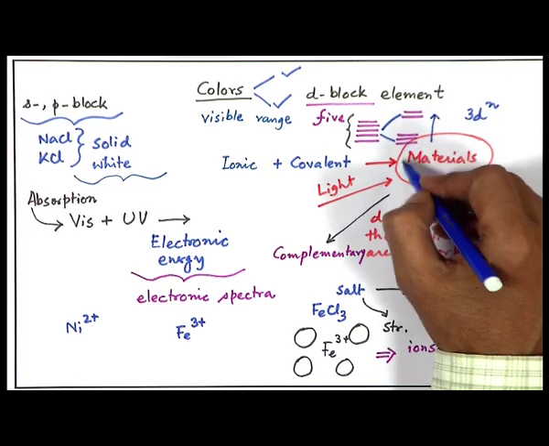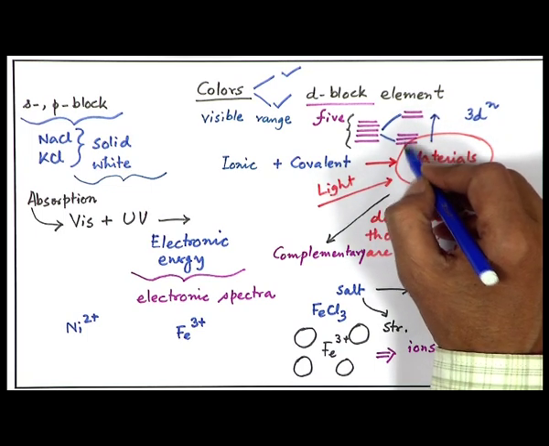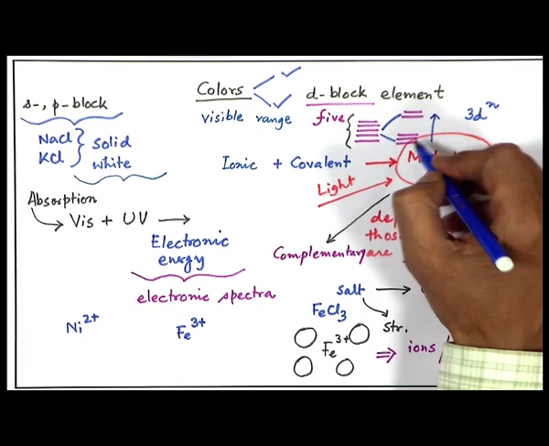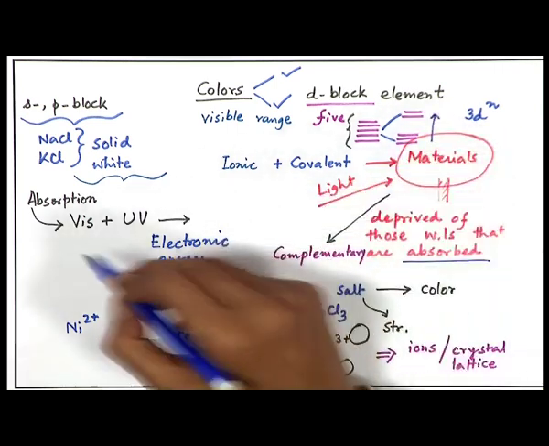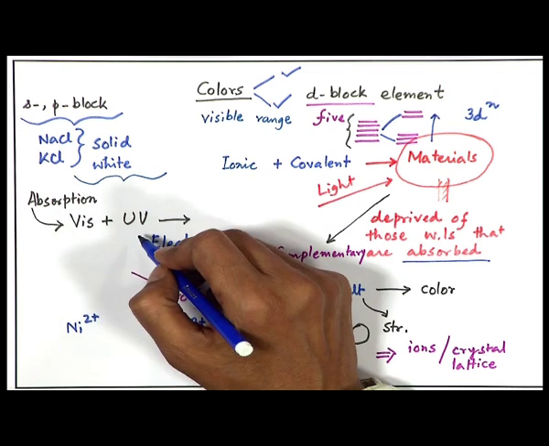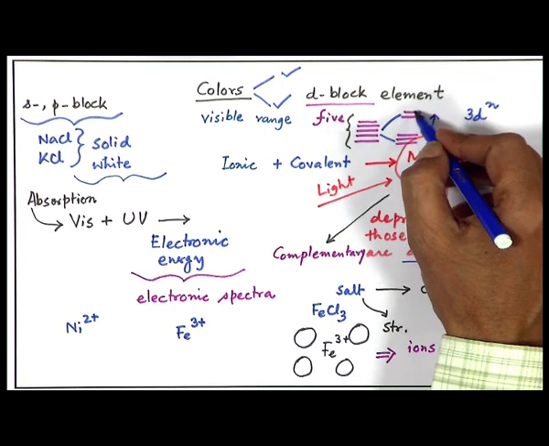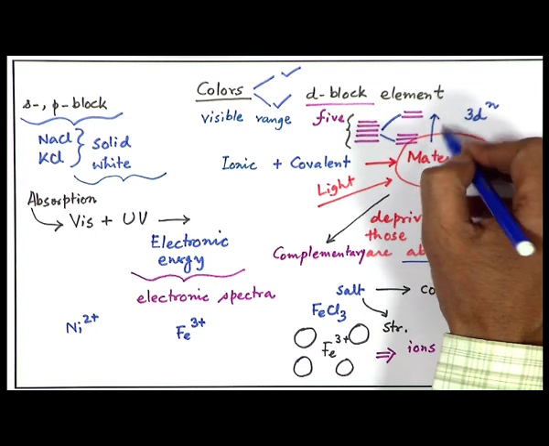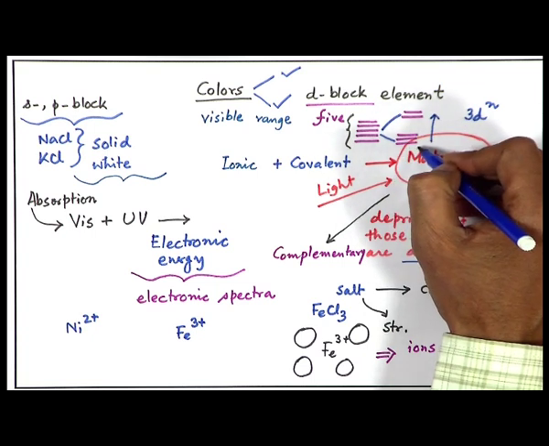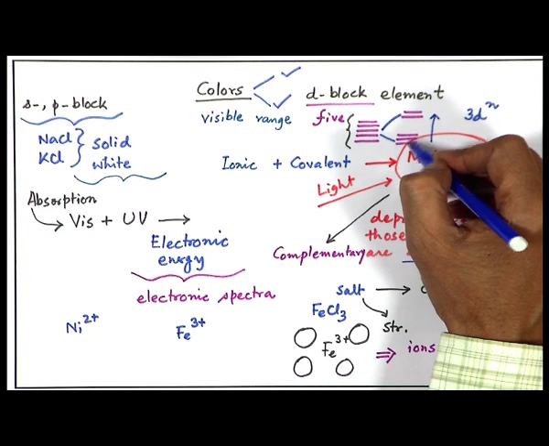So, if these different numbers of electrons occupy the ground state, energy will be absorbed in a particular range in the visible or the UV range, and the electron can be promoted from the ground state to the excited state, because due to this splitting of d orbitals we have already created 2 levels.